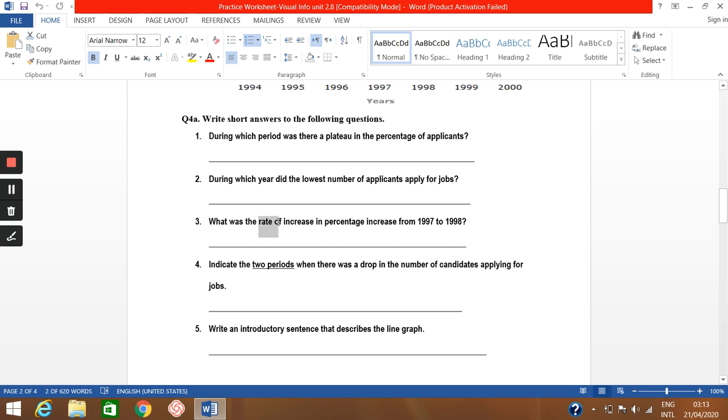Rate here means another word for the percentage. You see? What was the rate of increase in percentage increase from 1997 to 1998? So first of all, you need to concentrate on the period from 1997 to 1998.